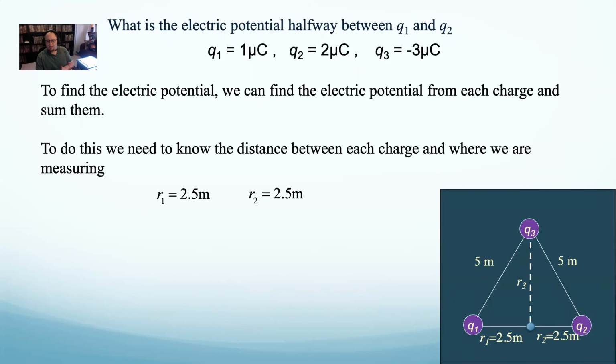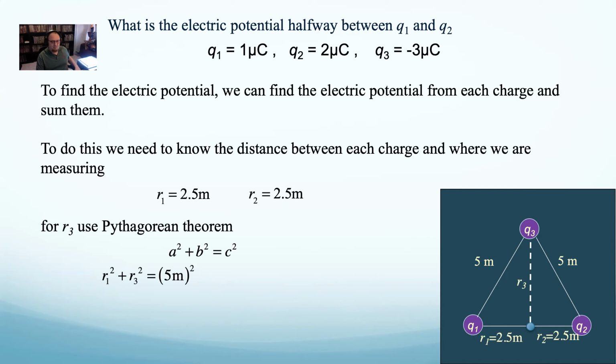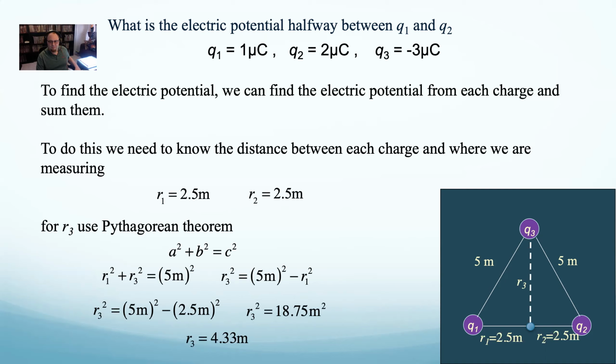The distance from Q2 to that point is 2.5. For the distance from Q3 to that point, I need to use the Pythagorean theorem. R1 squared plus R3 squared is 5 squared, which I can rearrange and solve for. So R1 is 2.5, R2 is 2.5, and R3 is 2.5 times the square root of 3, or 4.33 meters.